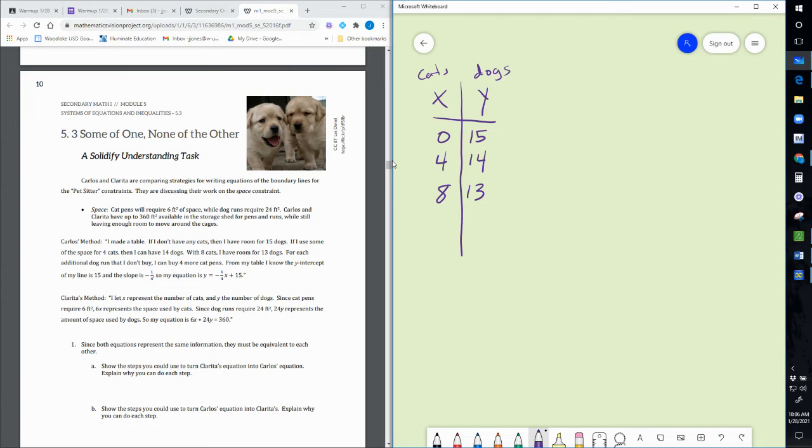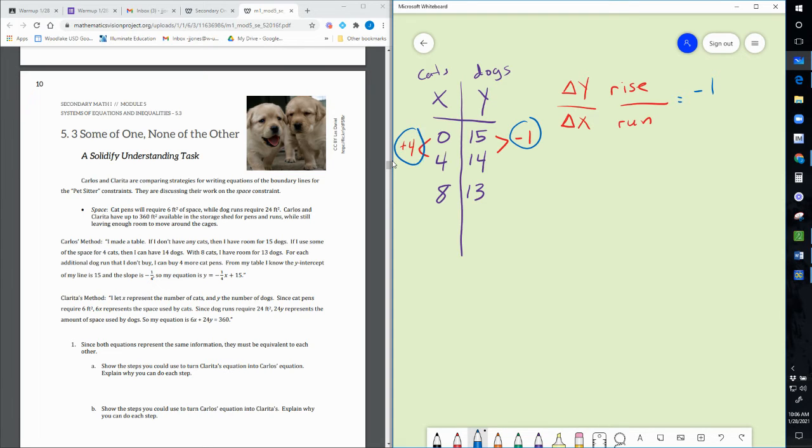Okay, so he says, so my equation is, and he uses an arithmetic sequence, right? So his method was to figure out what are you adding or subtracting by every time. So over here I have a -1, but over here I have a +4. So to find the slope, it's the change in y over the change in x, right? Rise over run. Rise, run. And so what is the change in y? That's my -1, right?